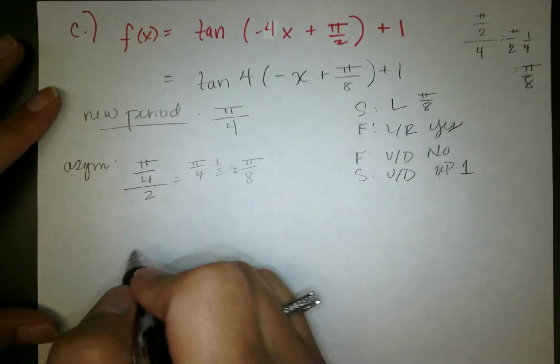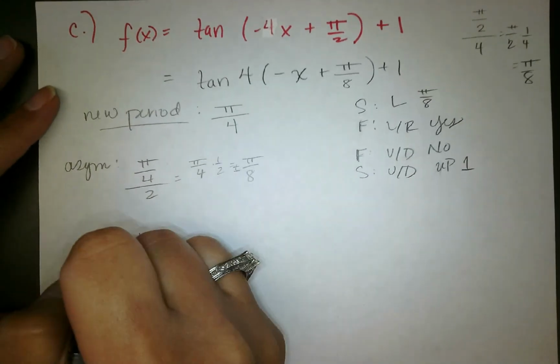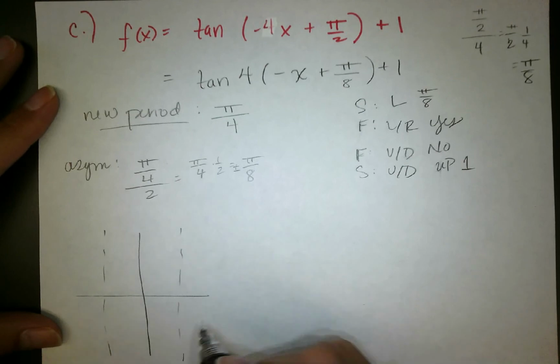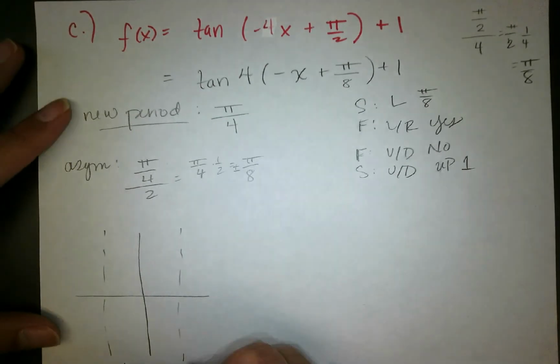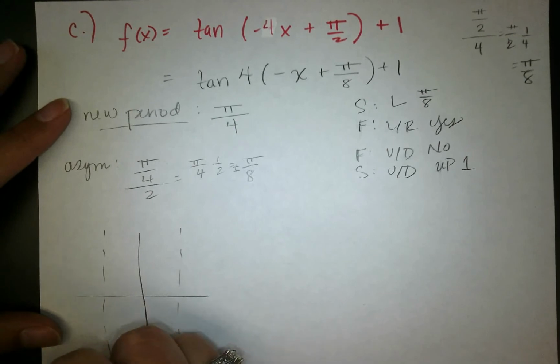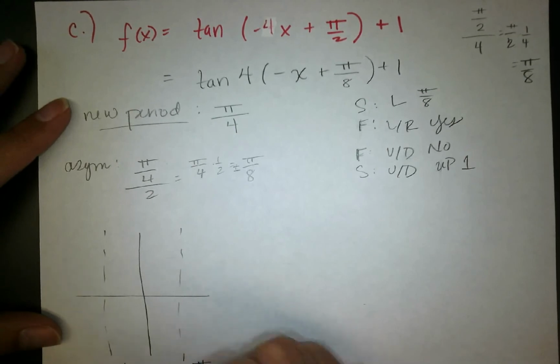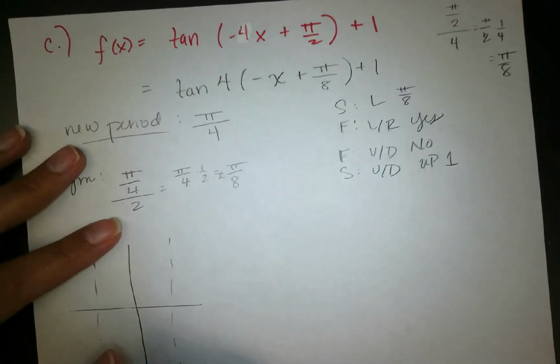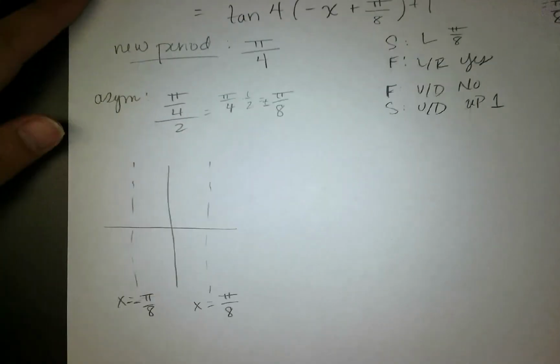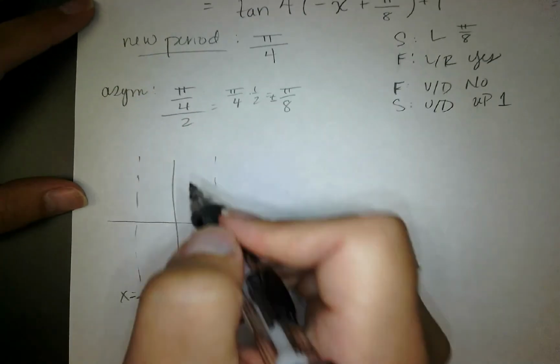Alright, here we go. So I'm going to draw it with my new period. That's x equals negative pi over 8, and x equals pi over 8. Sorry, my brain's not working. Oh, they're my asymptotes.